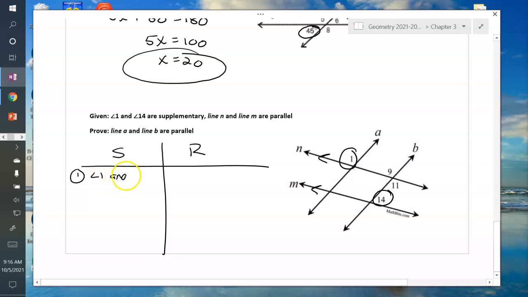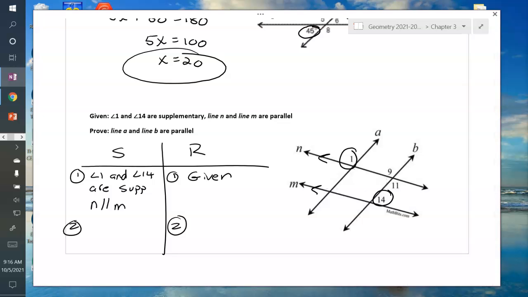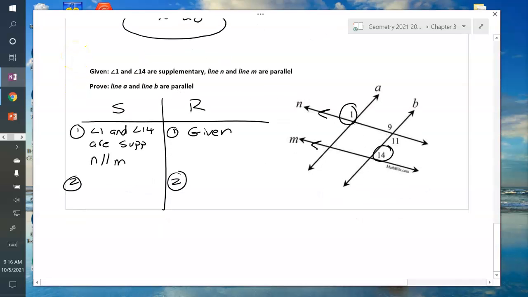Angle 1 and angle 14 are supplementary, and then N is parallel to M. Go ahead and just put all your given up front. Make sure you mark your diagram. So now, because I know that angle 1 and angle 14 are supplementary, I can say angle 1 plus angle 14 equals 180.